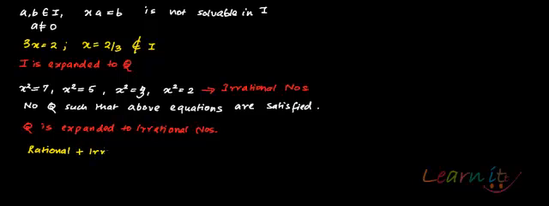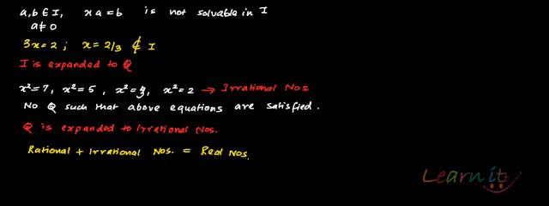So rational plus irrational numbers are what you know as real numbers.